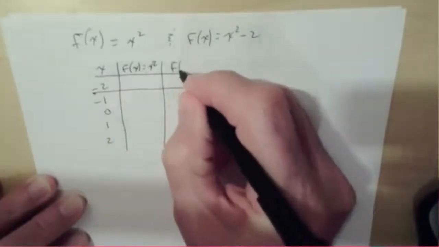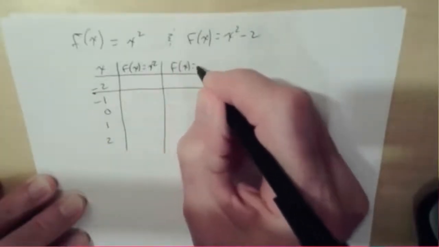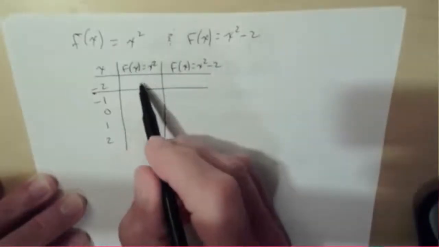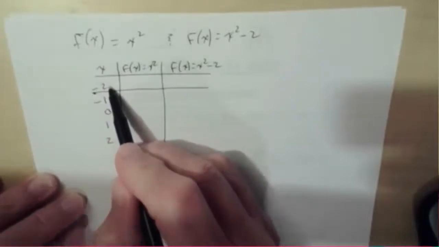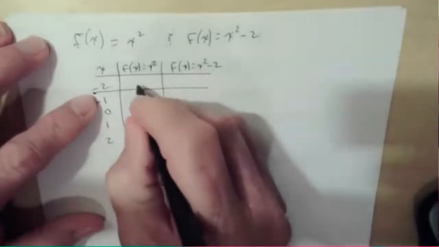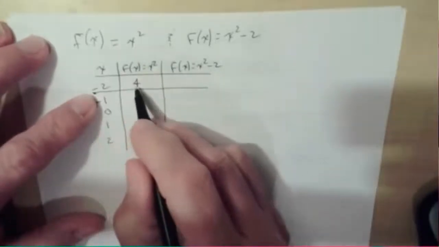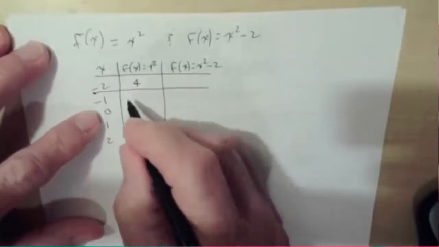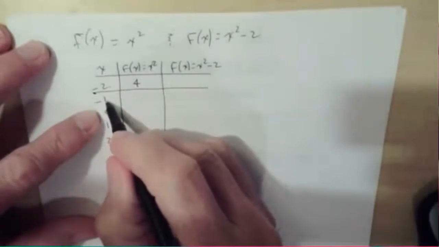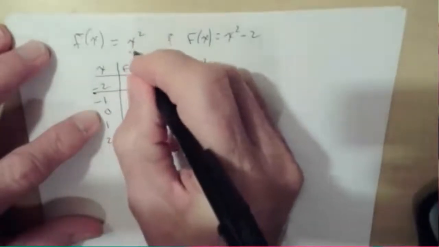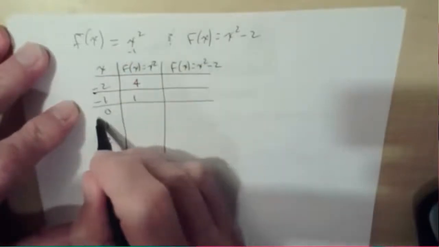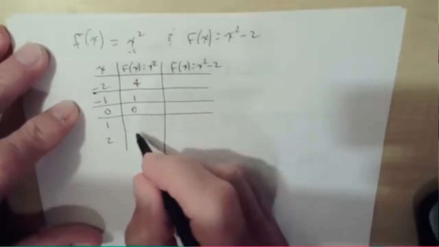And then this one over here will be f of x equals x squared minus 2. Okay, when x is negative 2, plug in negative 2. Negative 2 squared is 4. Negative 2 times negative 2 is a positive 4. Same thing here. When x is negative 1, we plug in negative 1 here. Negative 1 squared is 1. 0, of course, is going to be 0.